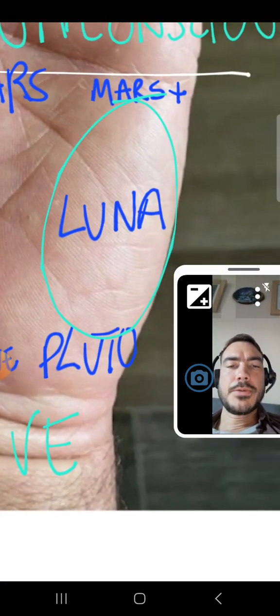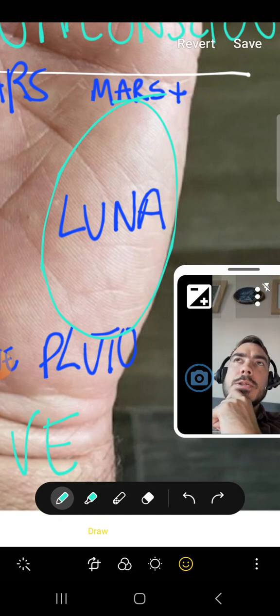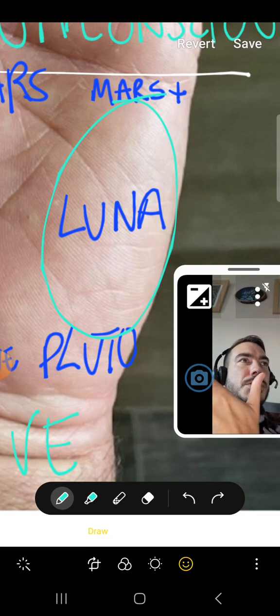And often someone with a well-developed lunar can be prone to fantasizing and escapism. Someone who is in tune with tapping into their unconscious ideas, their dreams.